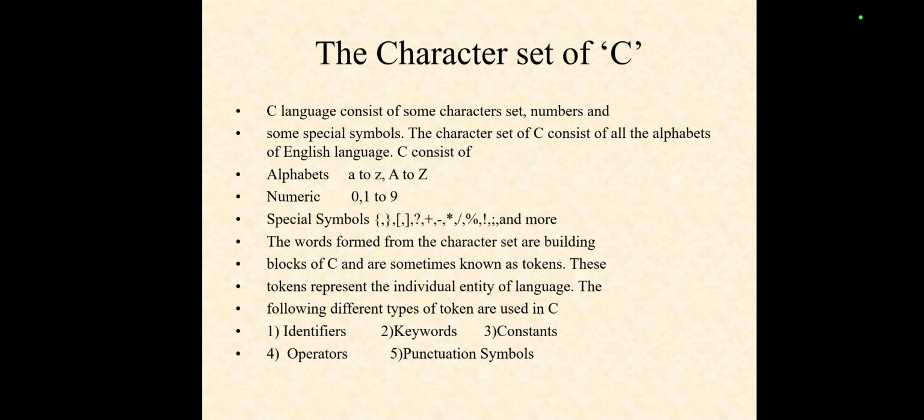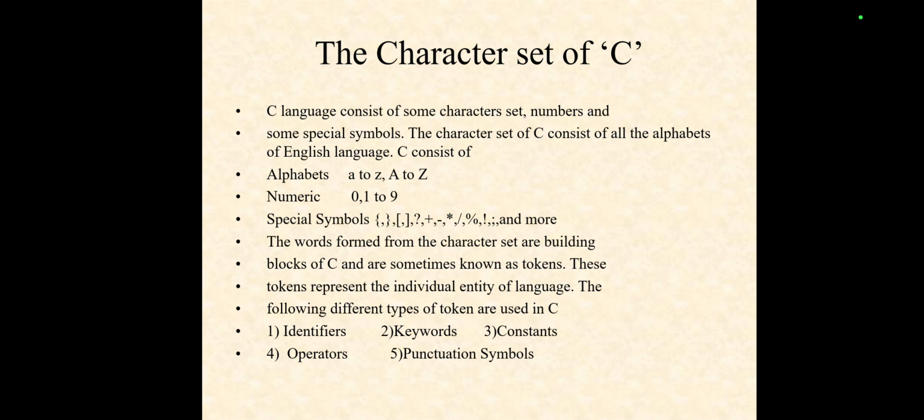That means the lowercase letters, small a to small z, and the uppercase letters, capital A to capital Z. That means a total of 26 alphabets for lowercase and 26 for capital letters. So 26 plus 26, there are 52 alphabets which are allowed in the character set of C.